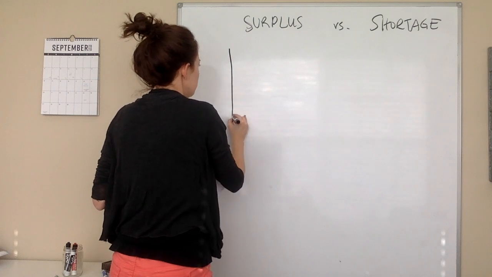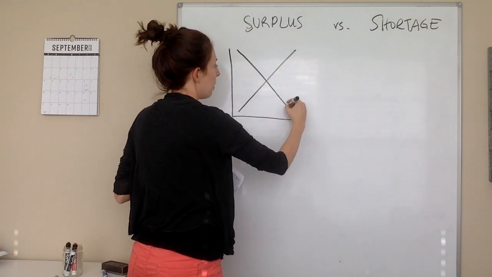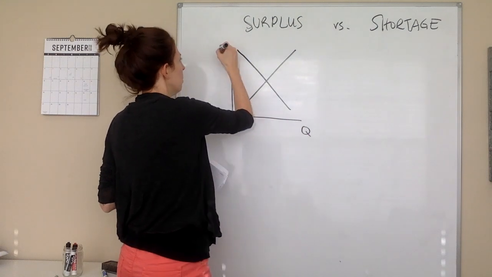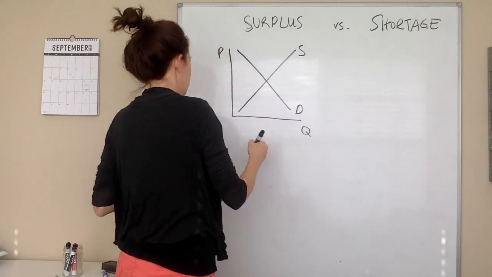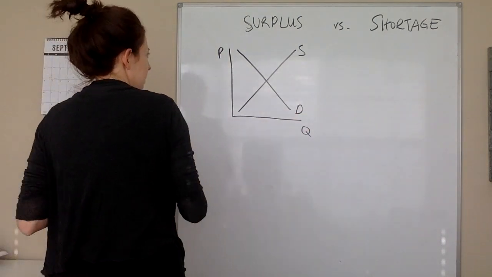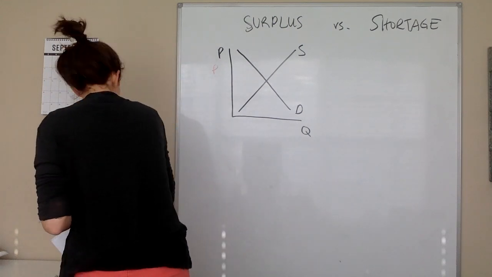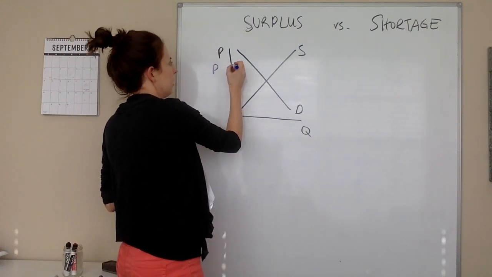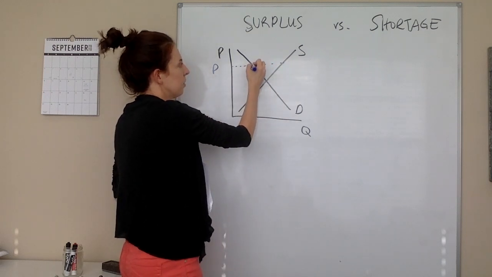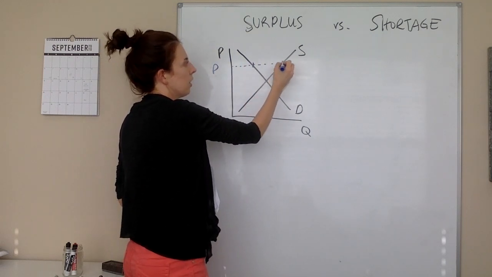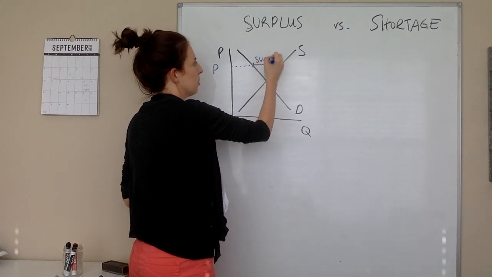Surpluses only occur when the market price is above the equilibrium level. So if the price is too high, maybe the price is up here, then at that high price level, the difference between the quantity supplied and the quantity demanded is the amount of the surplus.